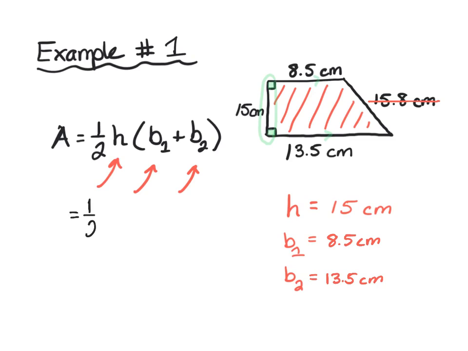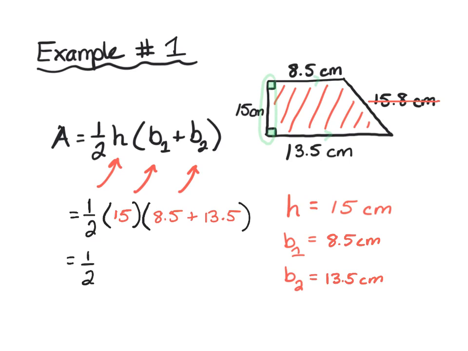I have 1/2 the height, which is 15, times the sum of 8.5 and 13.5. I'm going to go ahead and break this down a little bit.